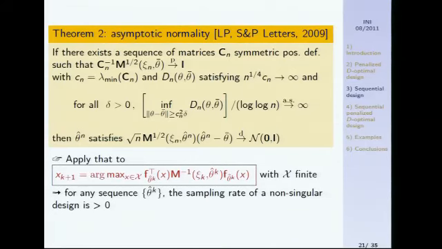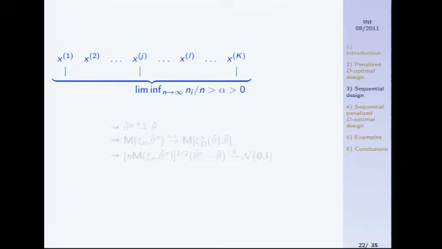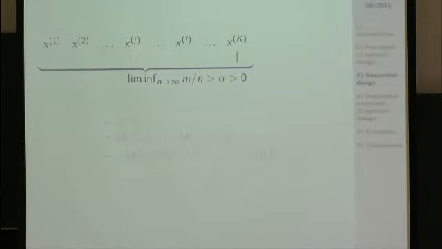First, using the fact that the design space is finite, we can show that whatever the value of the theta k that we choose, not necessarily the estimated value, you can plug in any sequence of random or deterministic values here, you will always sample a non-singular design with some sample rate, in the sense that there is a subset of the design space that forms a non-degenerate design, which is sampled at a frequency strictly positive.